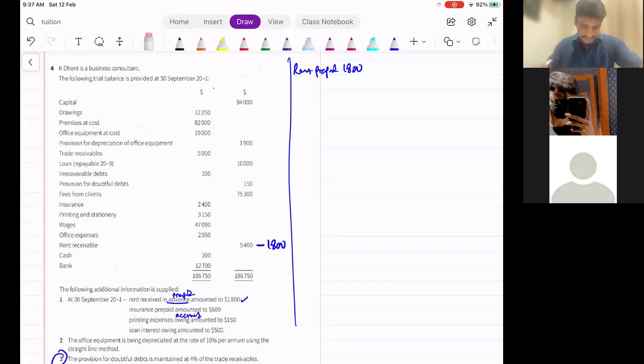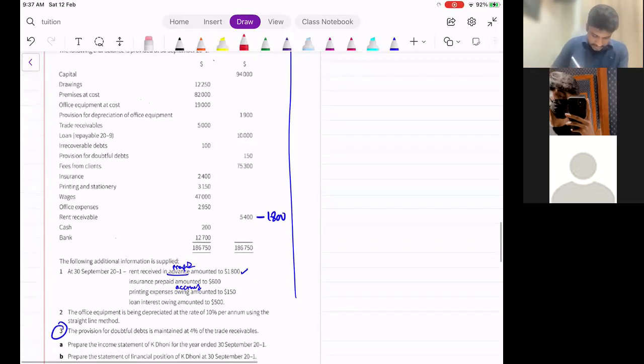Okay, I do the answer, you check. Insurance prepaid amounted 600. So insurance, I minus 600. How did we get 360? You wrongly read it.